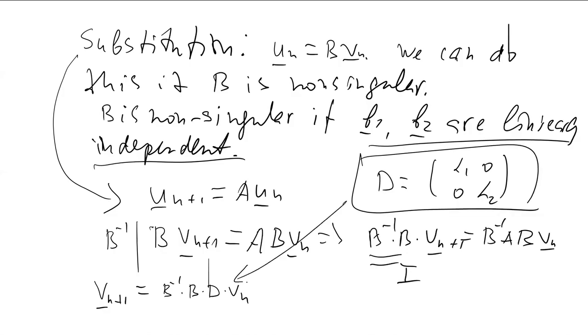So it was proven on the previous slide. Inverse of B times B is identity, therefore it will be D times v_n. So this is what we got: v_{n+1}, the equation in terms of the new variable v, equals D times v_n.